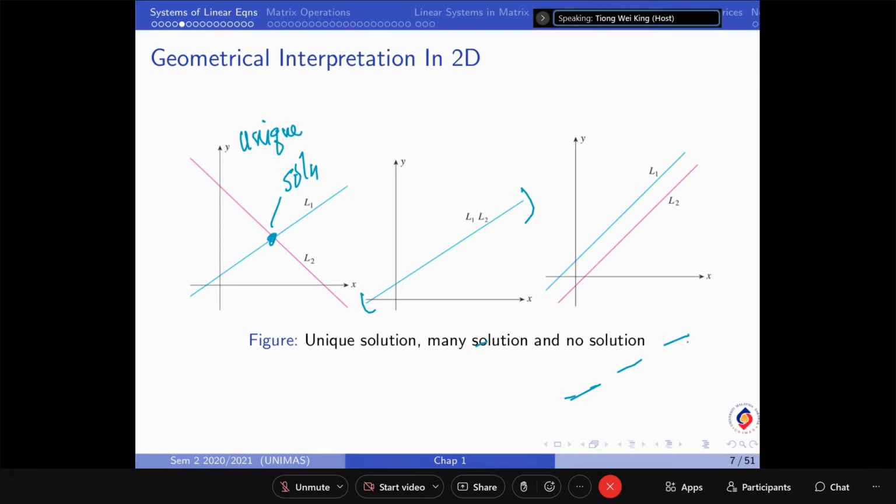That's why this is many solutions, because all the points in the line are the solution. And then for the third case, this is no solution, because they don't intersect each other, they don't overlap each other, so there is no common point between these two lines. So we say that this is no solution.